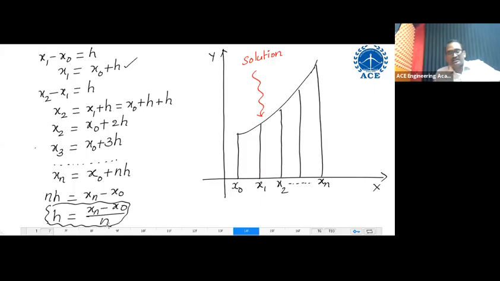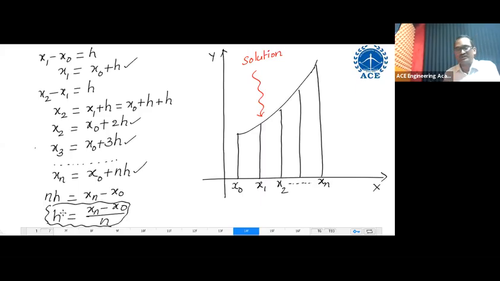Remember everyone, h means length of the subinterval. Length of each subinterval is equal to the end point of the interval minus the initial point of the interval divided by the total number of subintervals. That is called the step size, denoted by h.